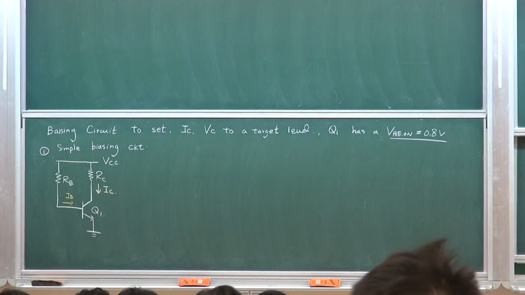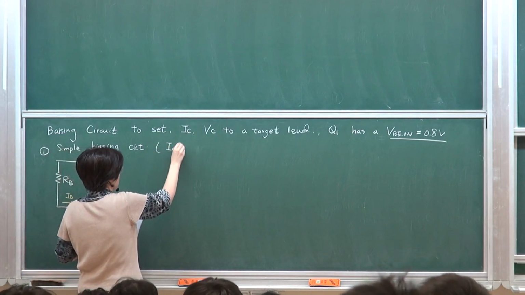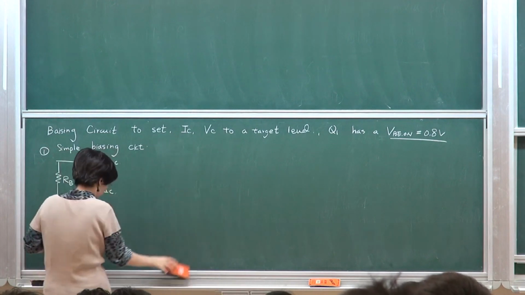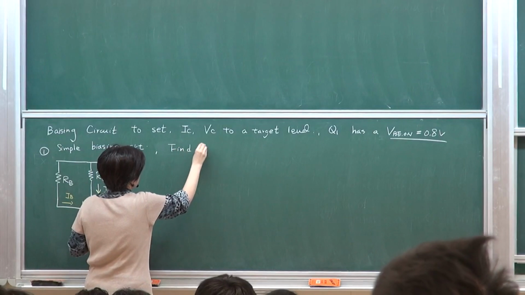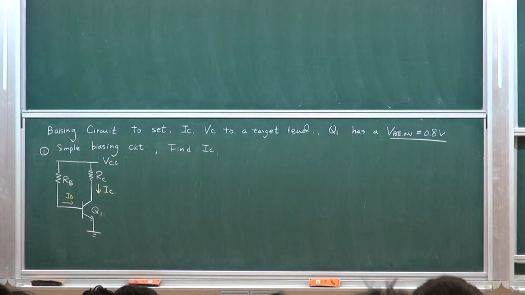So how do you actually find out your biasing current? We want to find out mostly IC, because this will then determine all my small signal parameters, right?